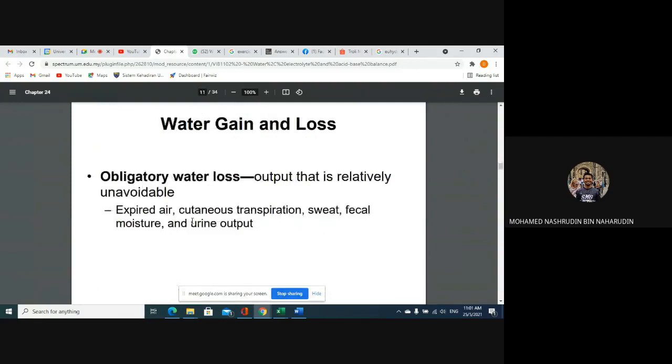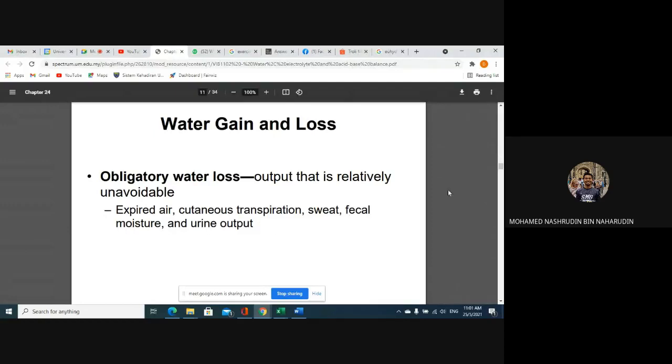So obligatory water loss is output that is relatively unavoidable. Obligatory water loss includes expired air, cutaneous transpiration, sweat, fecal moisture, and also urine output.